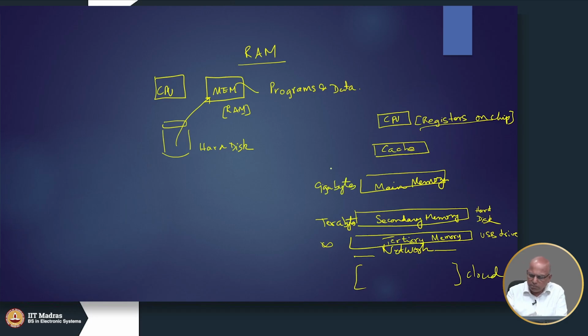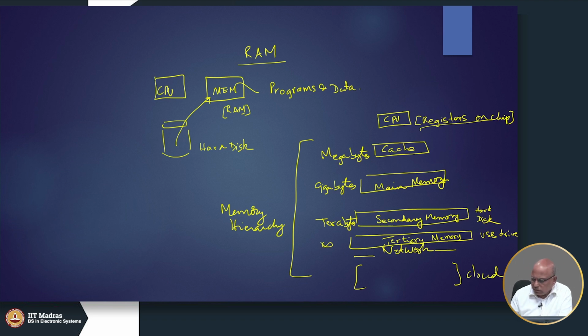And cache may be in megabytes. So, this is known as the memory hierarchy. Notice that as we move down the hierarchy, we can afford to have more and more of that memory.